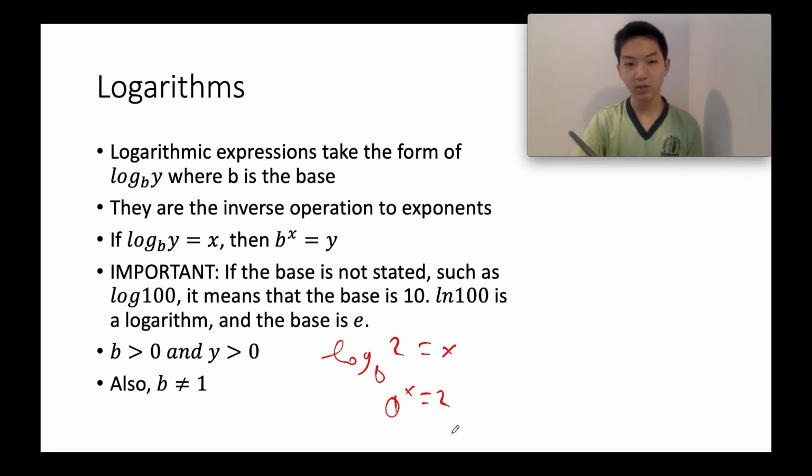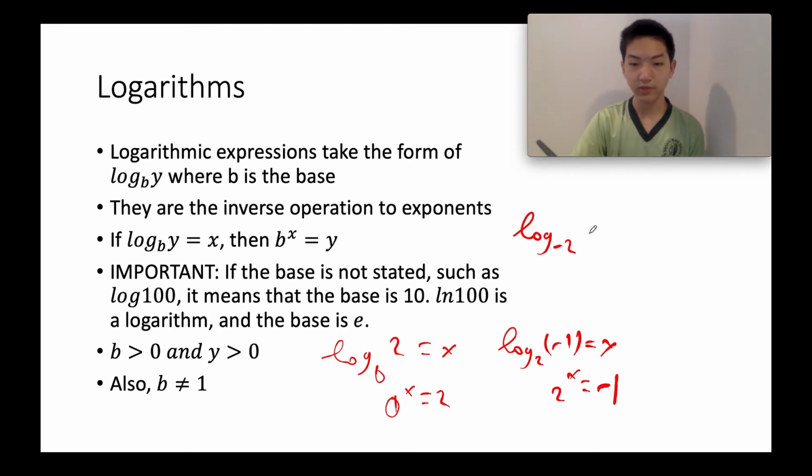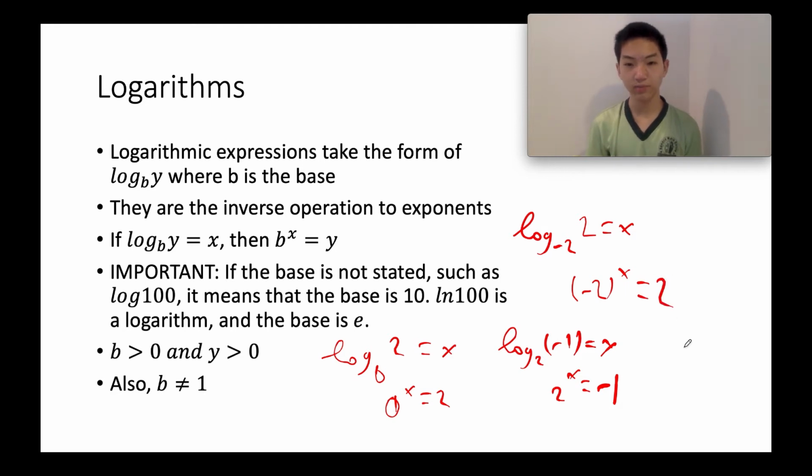And then y must also be greater than 0 because if you had log 2 but then you had a negative number, there's no value of x for the logarithm that could satisfy it. And then the base must also be greater than 0 because if you had log base of negative 2, and you said that's equal to x, there's once again no value of x that could satisfy the logarithm.